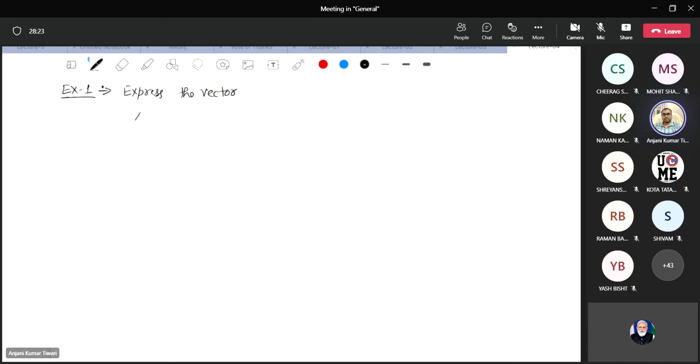Suppose there is a vector A. By the way, this can be a field also, so you can assume it is an electric field or magnetic field, whatever you want, but we have not reached there, so let us call it a vector. Suppose vector A is given as A equals y ax plus (x plus z) ay.